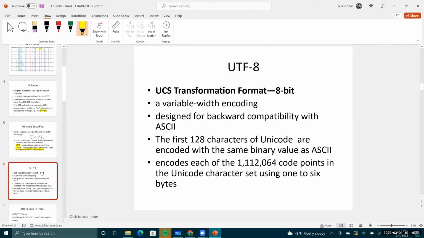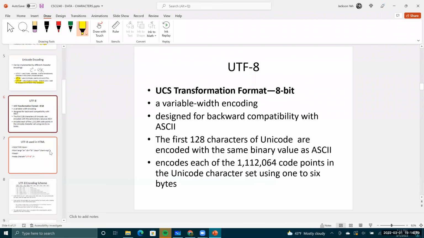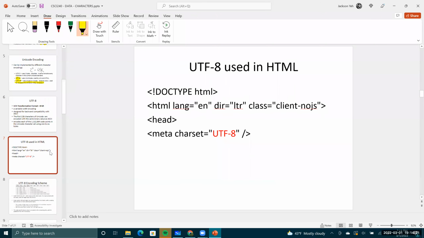All right, so very quickly, how do I know that UTF-8 is used on a particular document? One way to find out is to look at the source of an HTML document. You might have a tag that reads meta charset, and this is where you see UTF-8. Okay, so this is just an example of where you might see this.